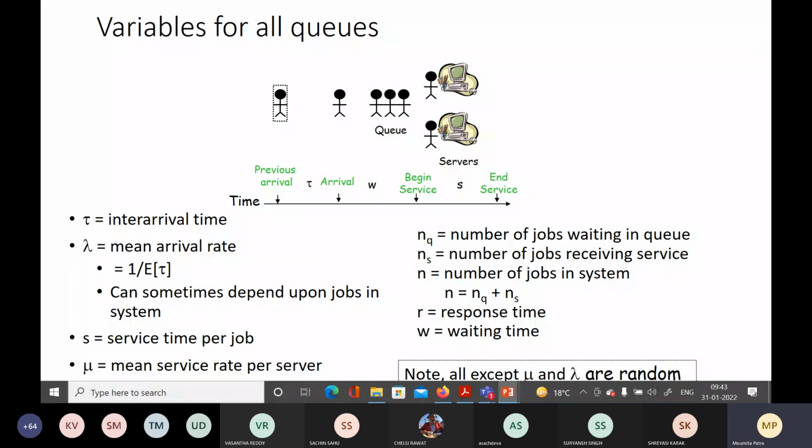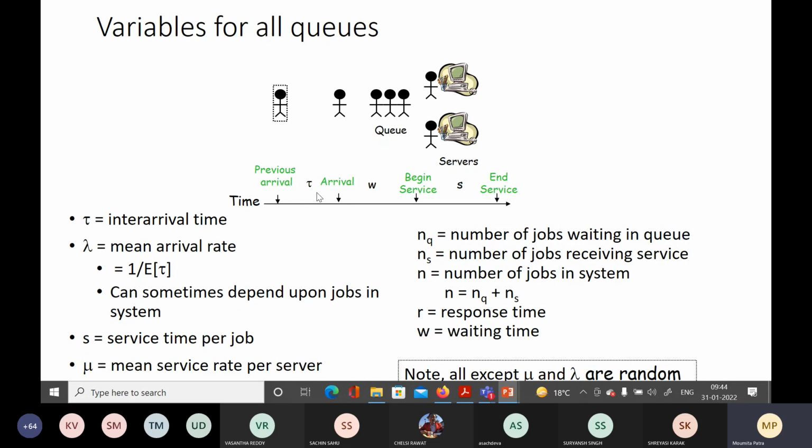Now let's get to the different variables for all queues, and please remember these variables, as I'll use them throughout. Tau is the inter-arrival time. From the customer population, a job or a student arrives into your system, and the time between the previous arrival and this arrival is given as tau.